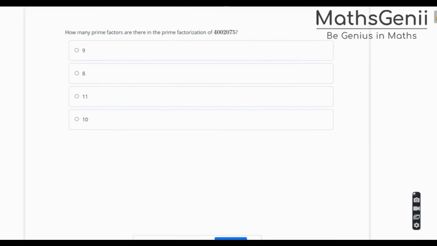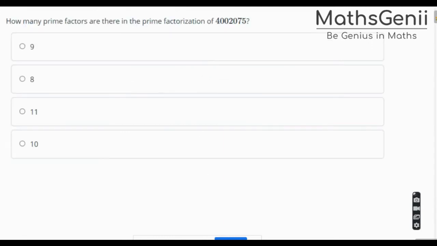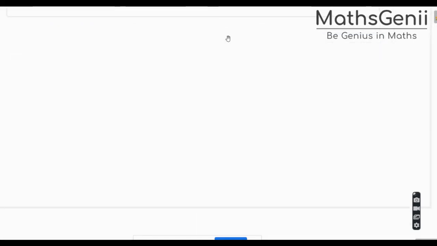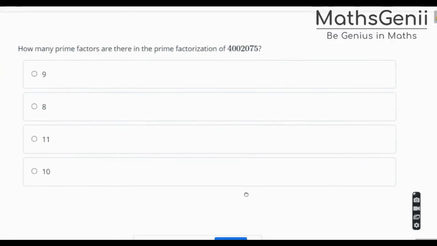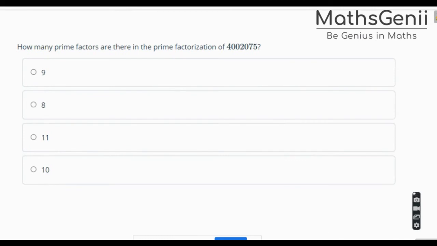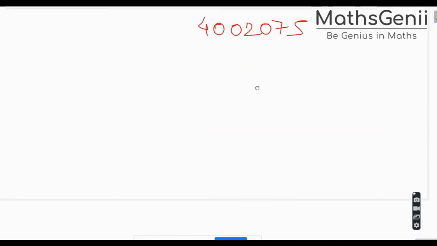Now next. Again an interesting question. How many prime factors in the prime factorization? Okay, so what he wants you to do is factorization. Factorization of this big number. Okay, what is the number? 4002075. Let's factorize this number and check what answer we are getting.